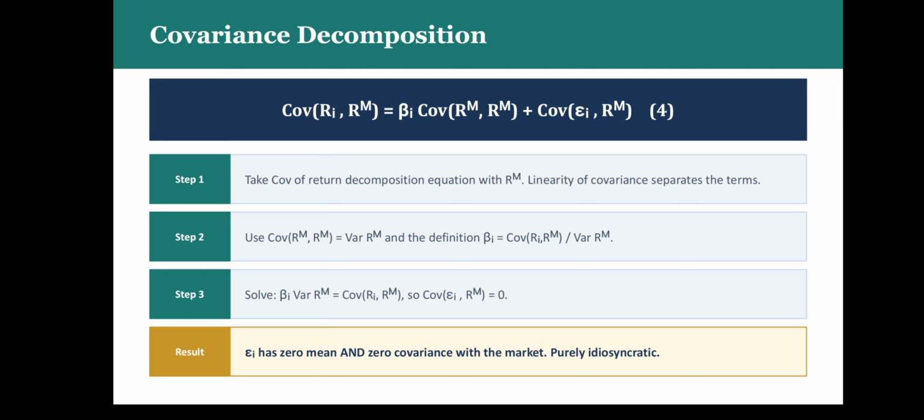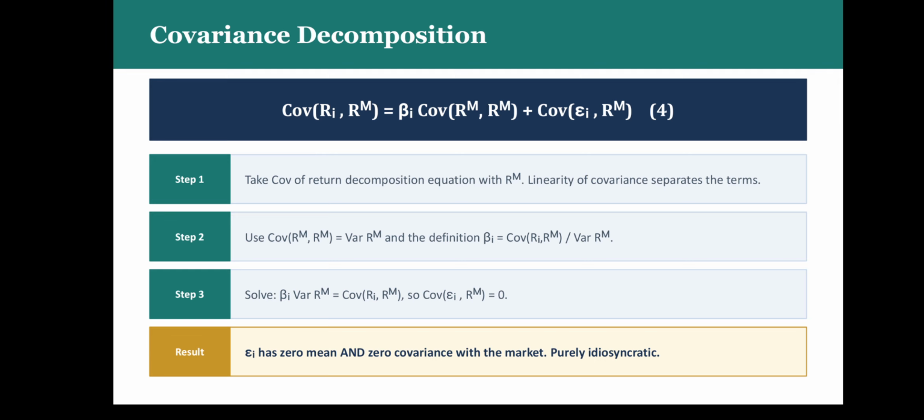Now we use two facts. First, the covariance of Rm with itself is just the variance of Rm. Second, the very definition of beta i is the covariance of Ri with Rm divided by the variance of Rm. Substituting, beta i times the variance of Rm equals the covariance of Ri with Rm, which cancels out, leaving us with the covariance of epsilon i with Rm equals 0.